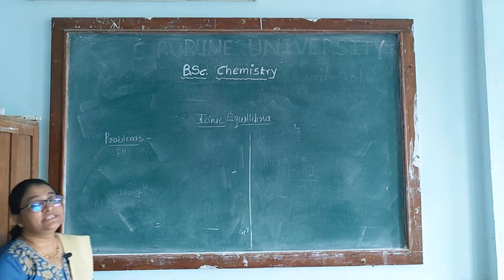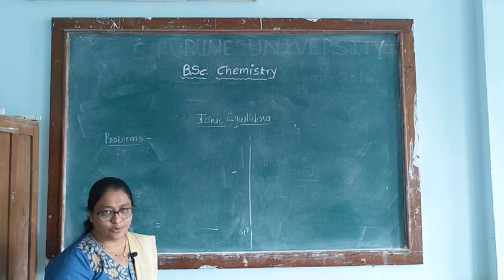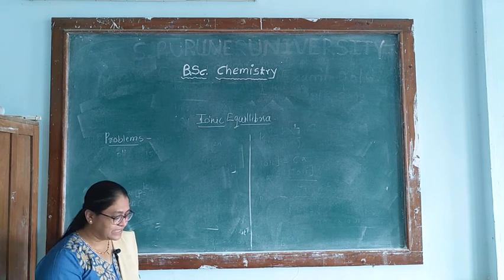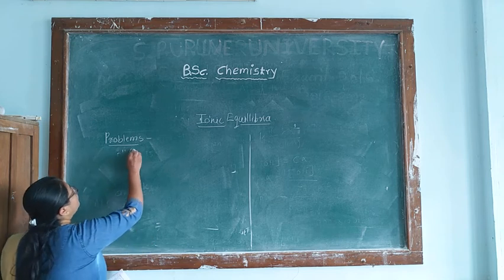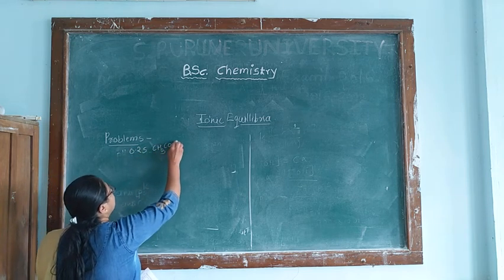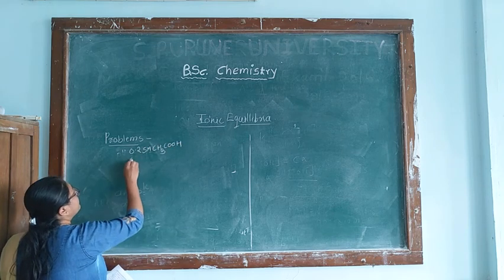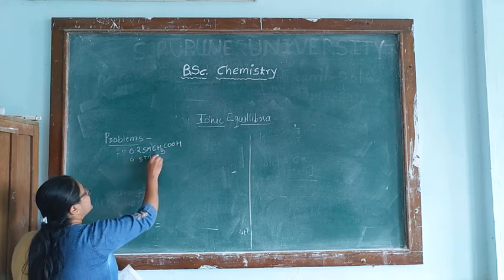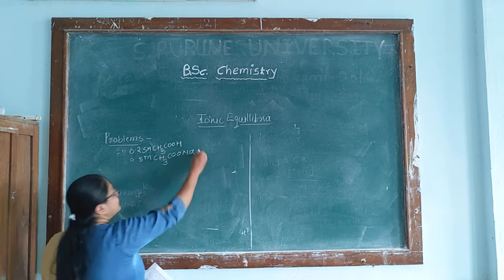Now this problem depends on the Henderson-Hasselbalch equation for buffer solutions, and we had seen this formula. In the problem we have been given 0.25 molar acetic acid and 0.5 molar sodium acetate. These are mixed to form the buffer.